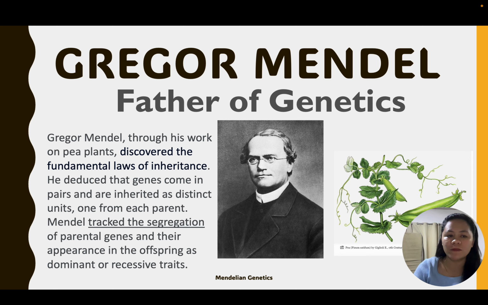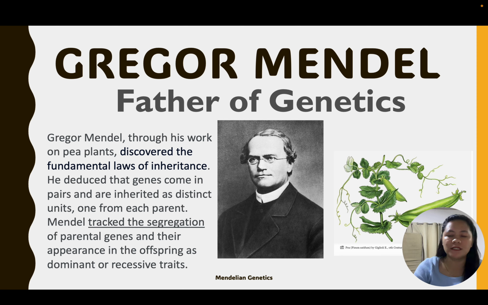So, Gregor Mendel, through his work on pea plants, discovered the fundamental laws of inheritance. He deduced that genes come in pairs and are inherited as distinct units. One parent, one gene or one trait comes from the mother and one trait comes from the father.